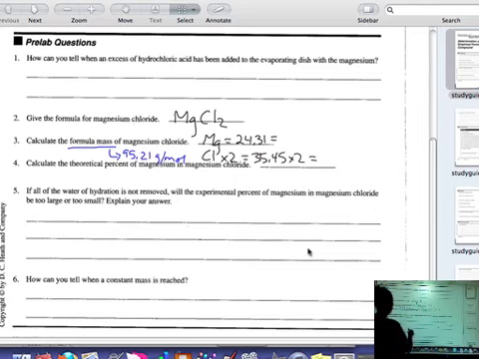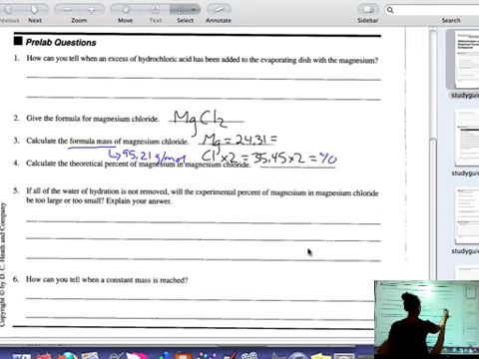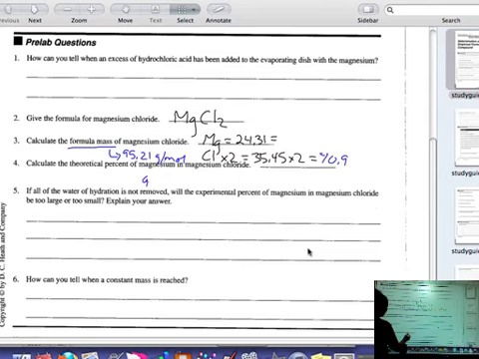Okay? Theoretical percentage, let's just think about what a percent is. Let me say 35.45. So the percent, let's see, we can put it right here. This equals 70.9. So our total formula mass is 95.21.